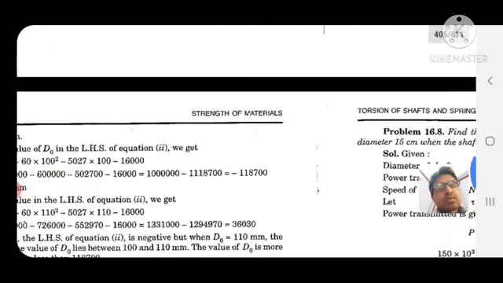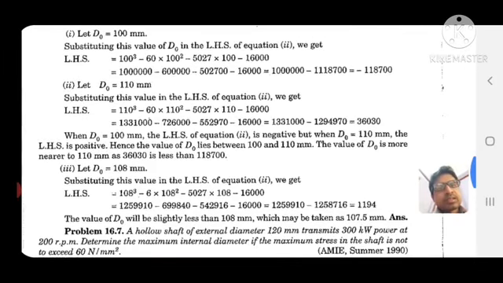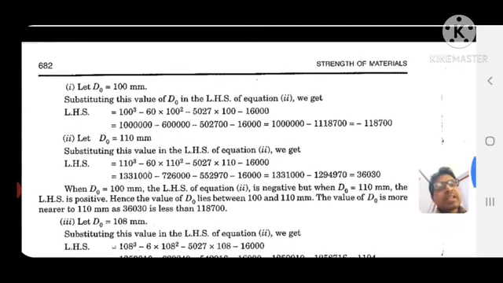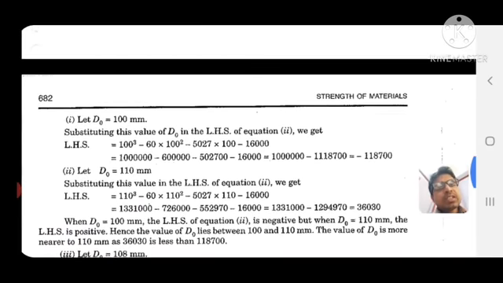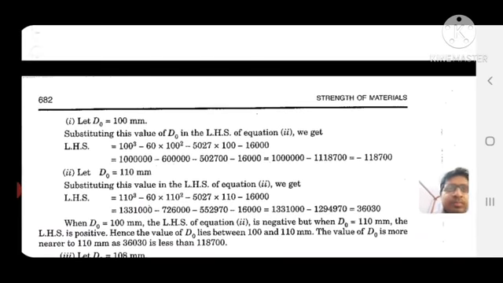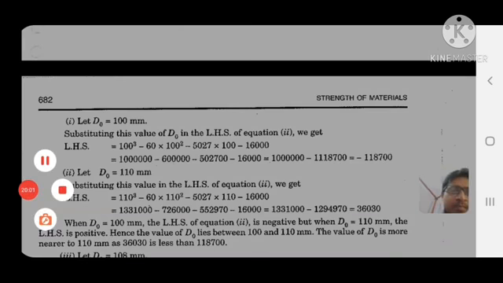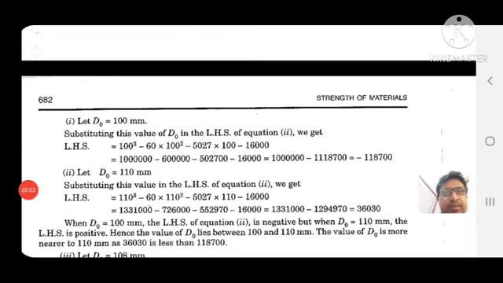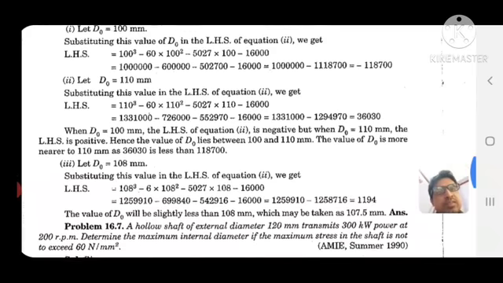Now by trial and error, let d0 equal to 100 millimeter. So LHS this one is equal to minus 118700. Okay, let d0 is equal to 110. LHS is equal to 36030.